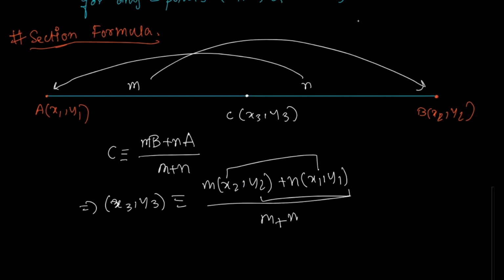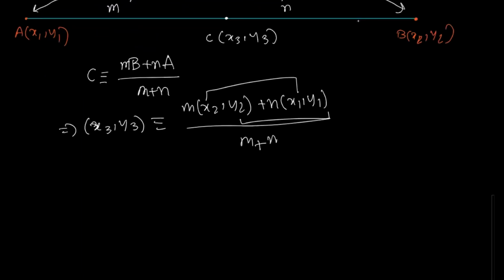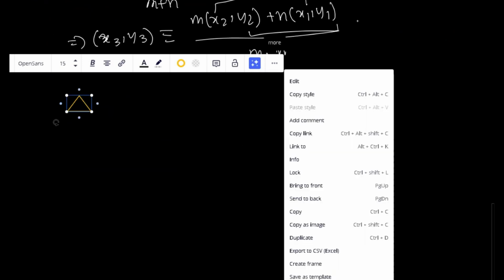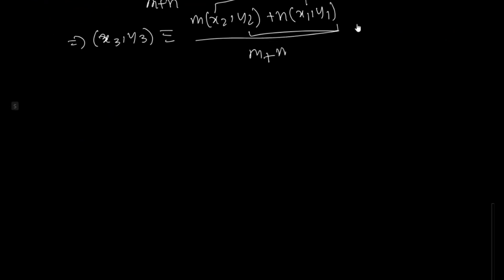Okay, now let's move to some triangular problems. Suppose a triangle is given. Actually, not an equilateral triangle, I don't want an equilateral one. Can I draw any other type of triangle? No, it's not giving any options. Okay, let this be a triangle.